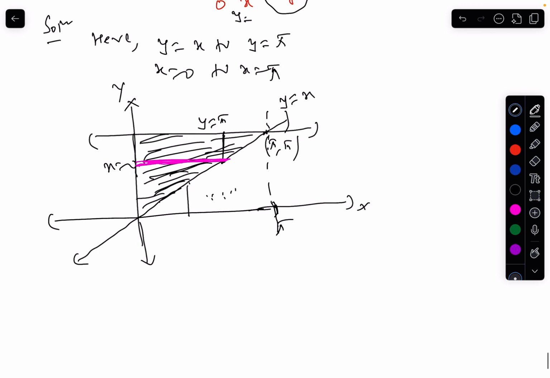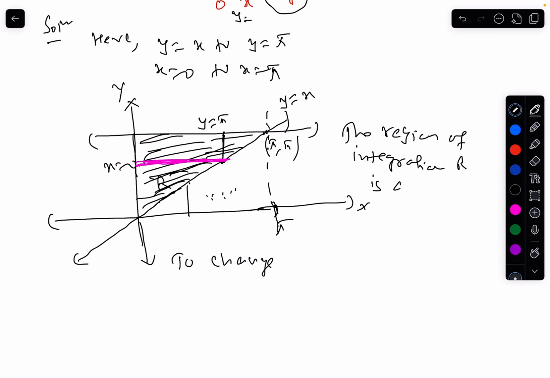So to change the order of integration, the region of integration R is as shown in the figure.